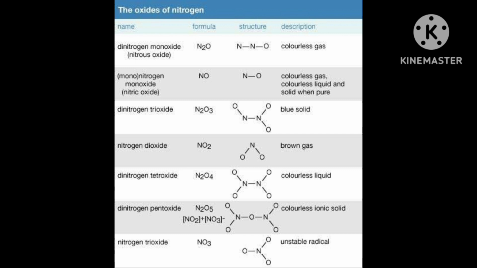Already in the previous classes, when I discussed up to 12, 13, I told you that a bond can be made by a single electron also.